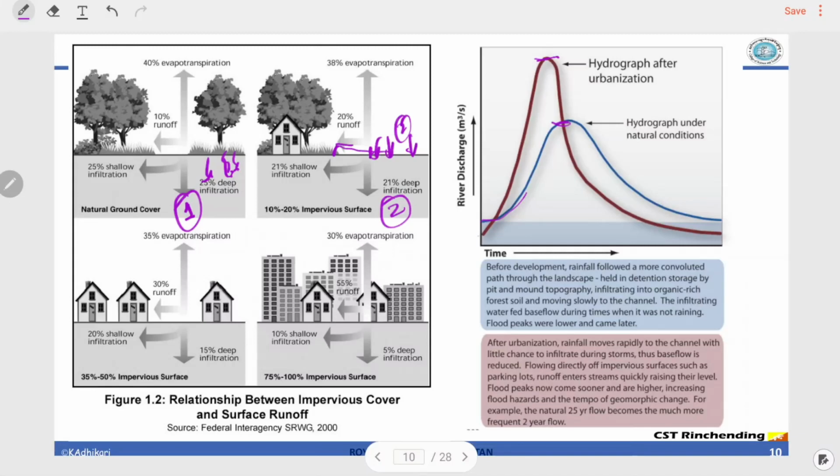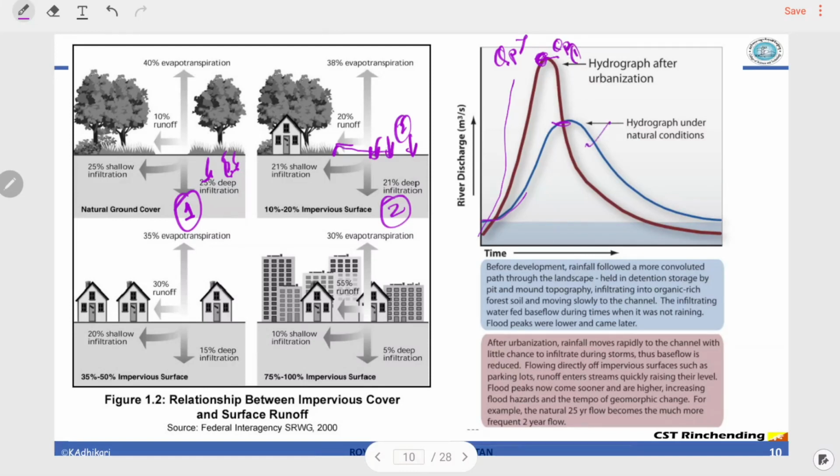So it will again have a very sharp rise, and the peak discharge, Qp, is going to be more than the Qp of condition 1. That's because all the volume of water is getting contributed as runoff.